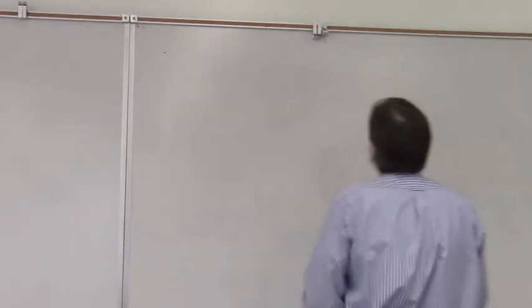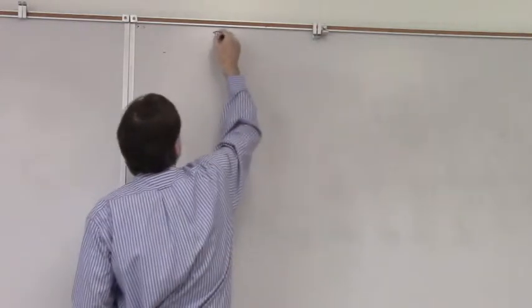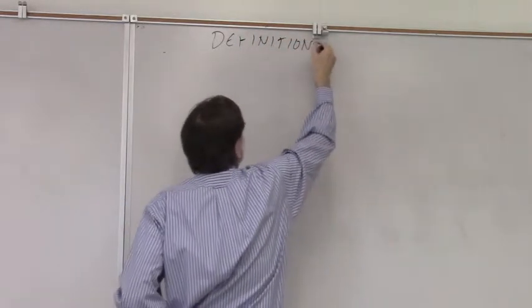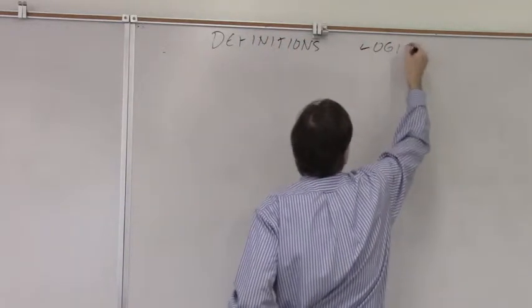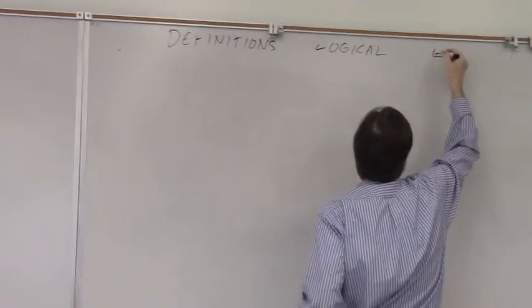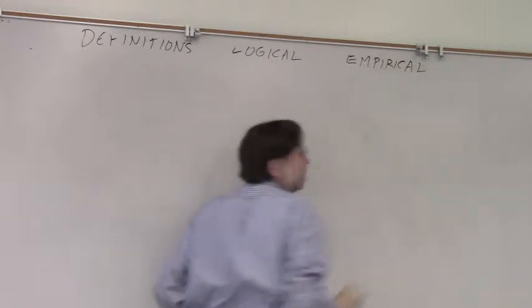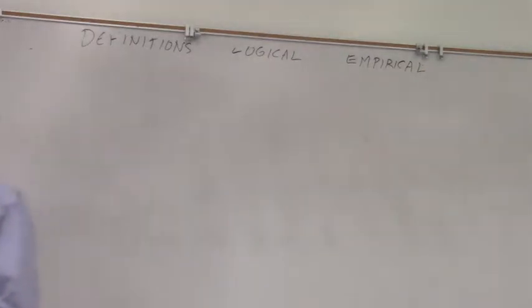So we're going to talk about, we talked about different, I'll just quickly summarize for you. We talked about definitions. We talked about logical statements. We talked about empirical statements. And why do we need to talk about statements? Because explanations are made up of statements.